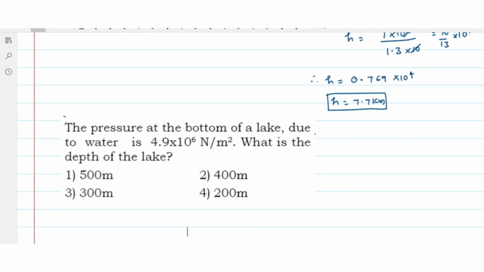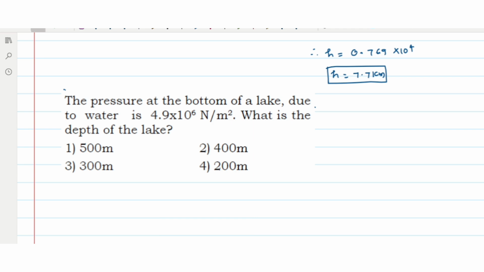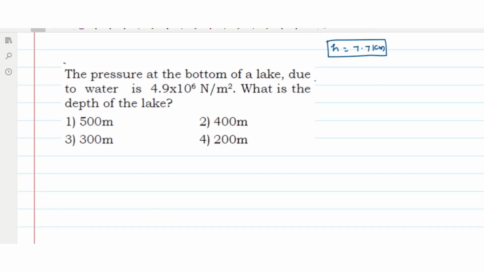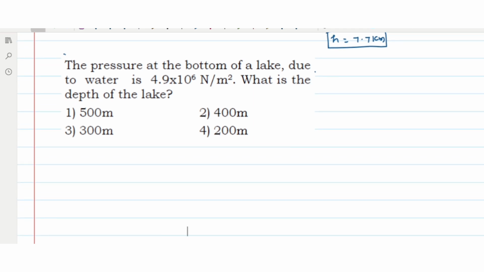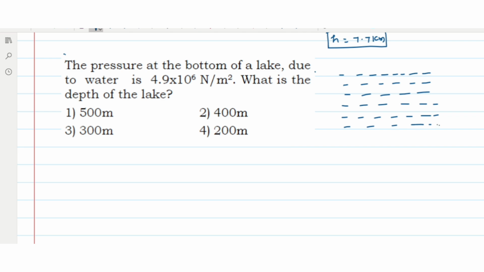Now look at the next question. The pressure at the bottom of the lake due to the water is given as 4.9 into 10 power 6 Newton per meter square. What is the depth of the lake they are asking? This is a lake, and let us assume the depth of the lake is h.